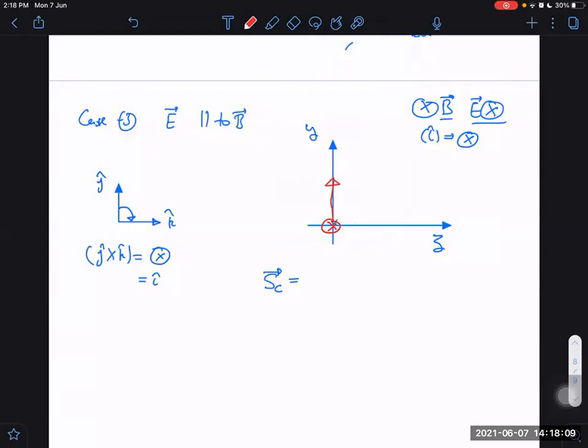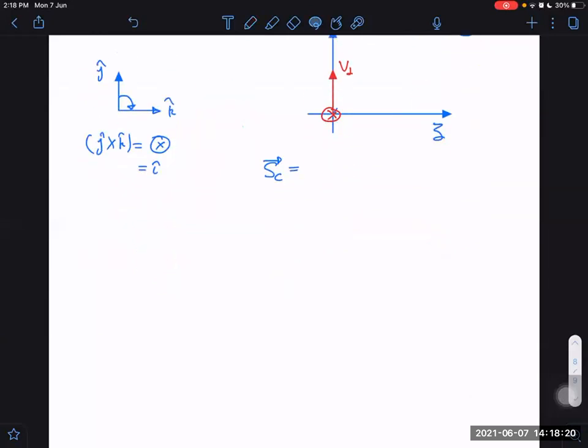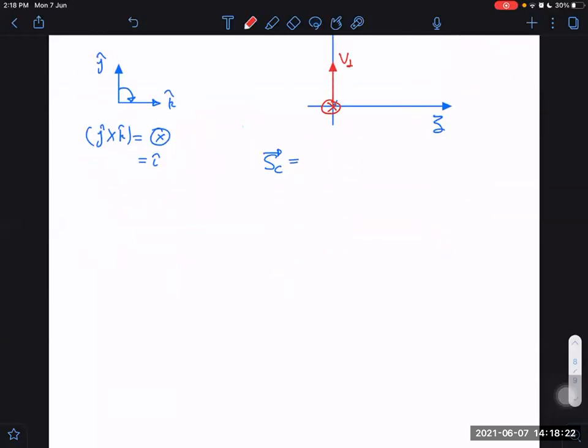This is V perpendicular, V perpendicular only. And as far as V parallel is concerned, that is not seen in this direction. That will be seen by looking from another direction.